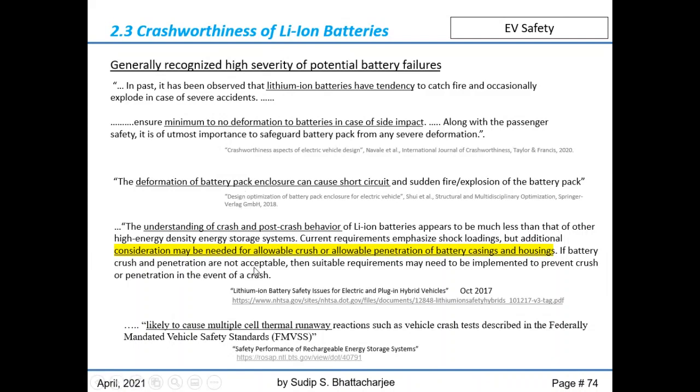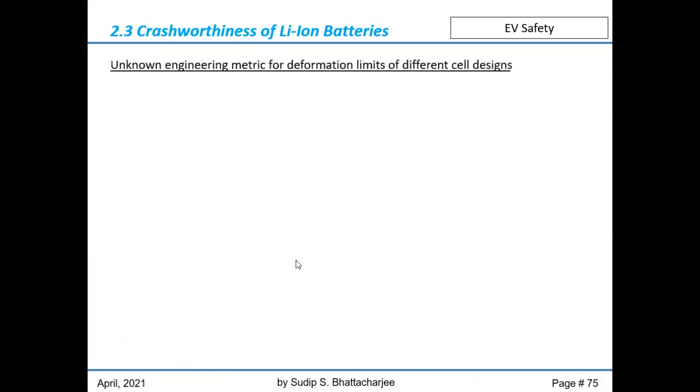However, we don't have a way to directly measure how much deformation is happening in a battery system in a full vehicle environment, and what it means for vehicle performance. Many of these references reflect the concern that there is a risk there, but they don't give me any quantitative information on what to do about it.